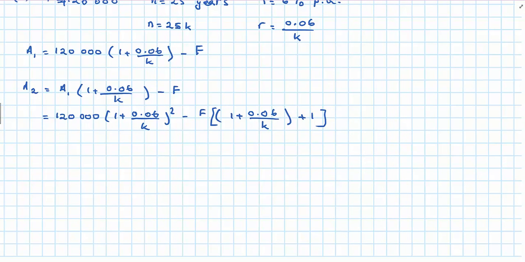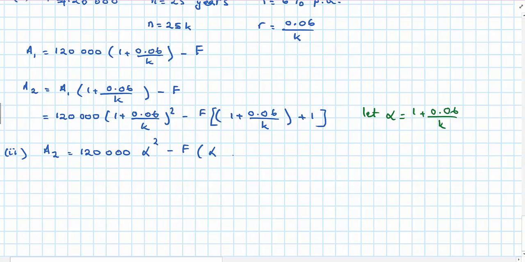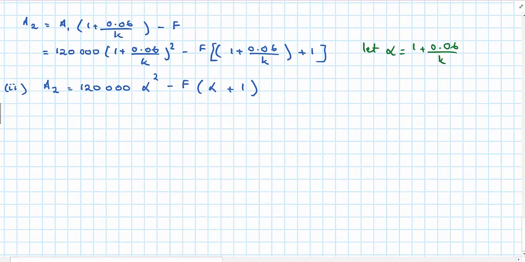I am first of all going to let alpha equal 1 plus 0.06 over K and rewrite this for part 2. So A2 is 120,000 times alpha squared, minus F alpha plus 1. Just means my working out will look neater and it's easier to follow.